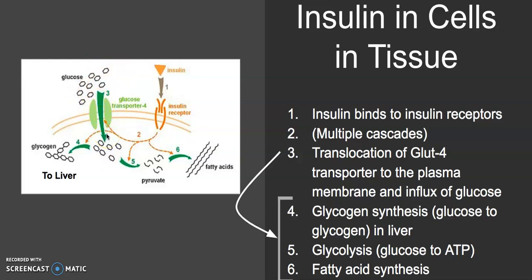And then there are a couple of other things that it's going to do. First, it's going to take this glucose and turn it into glycogen. This is in the liver, and we're going to talk about this a little bit more. It also takes glucose and turns it into ATP, because glucose is not actually the currency that your cells use for energy. They use ATP to drive all of your cellular processes.